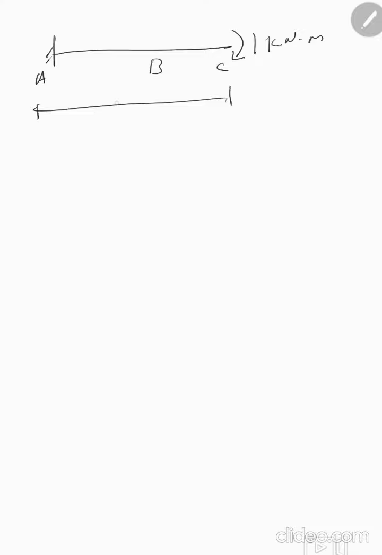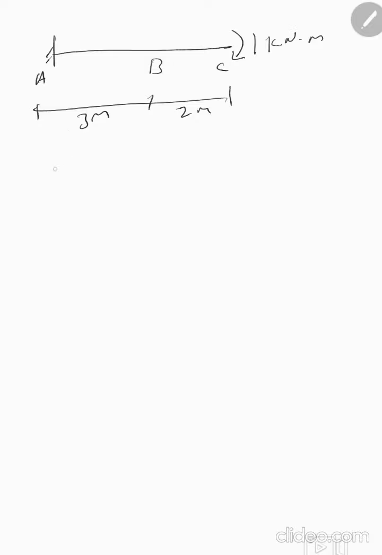Now for TR2, this is our beam, and now working for moment. In the example, we have 2 and change it to 1 kilonewton meter. B, C, and A, 3 meter, 2 meter.